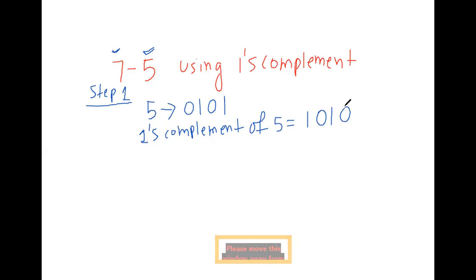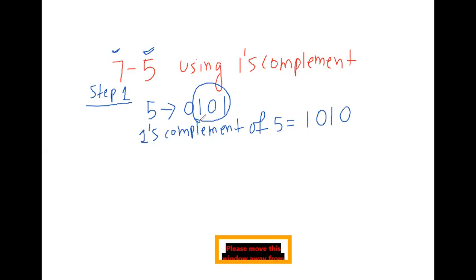You can also take 5 as 101, no problem. We are representing it as a 4-bit number, that's why I'm writing 0101, because the 0 on the left-hand side has no value. You can write it like this also. The ones complement of 5 is 1010.